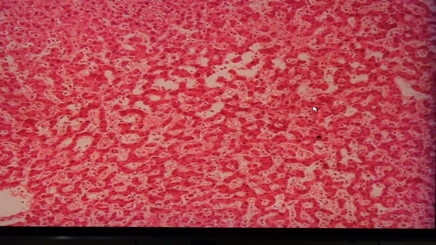In this case, we would see a normal-looking pattern of hepatocytes, seen in trabecular sheets. They have the presence of sinusoids as the spaces in between them.